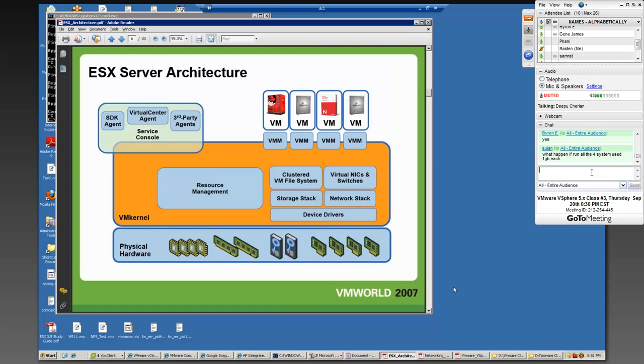What happens if you run all the systems into 1 GB? That's a good question, and that is what everybody thinks. So now I have 2 GB RAM, and how can I run all these machines with 4 GB? I know Sujan's question is based on this. The first thing you need to look at is that this concept is not just VMware's concept.